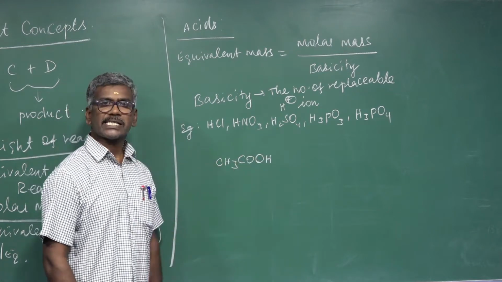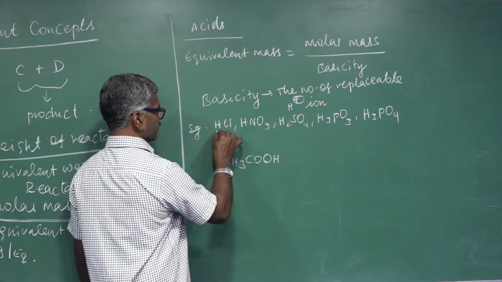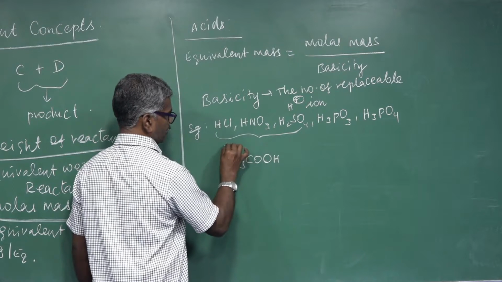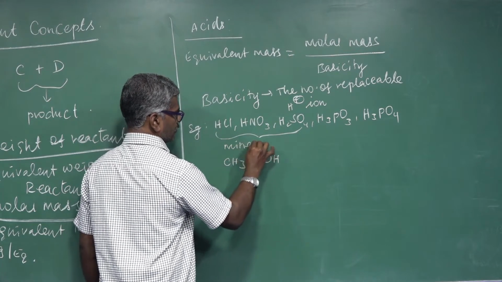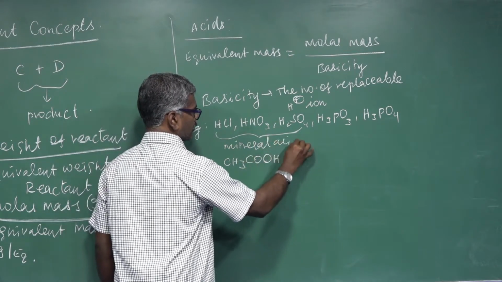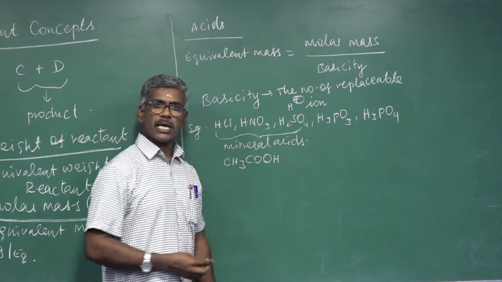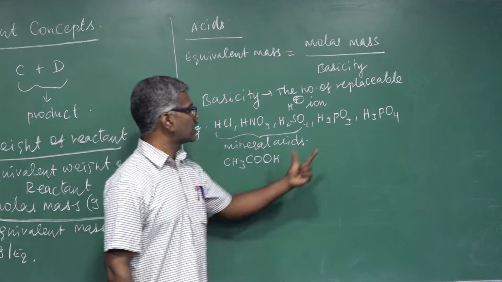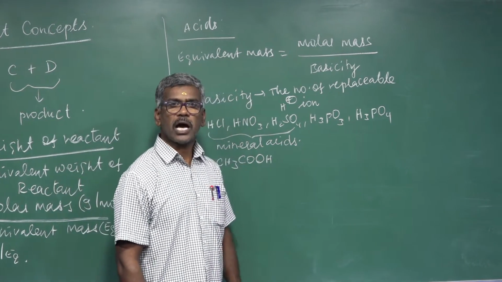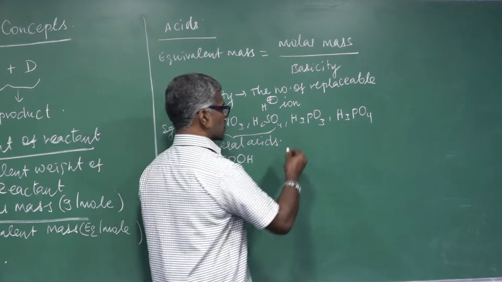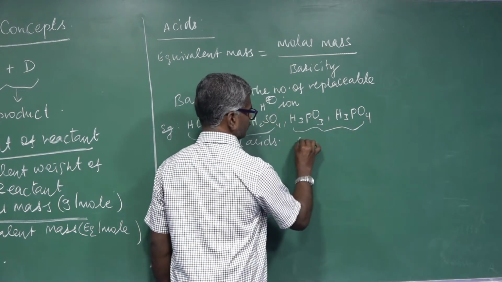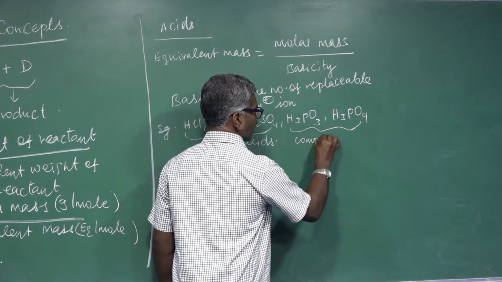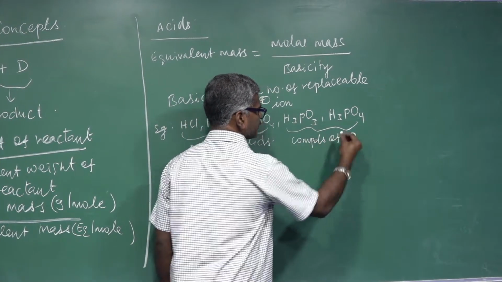The first three are examples of mineral acids, that is, laboratory reagents or strong acids. This one is an example of oxy acids of phosphorus, that is, compounds of phosphorus.